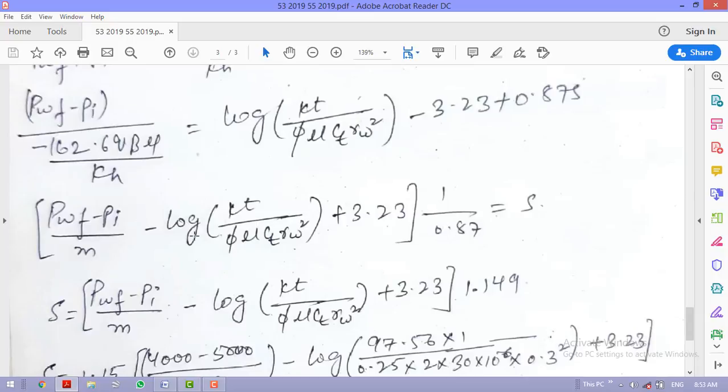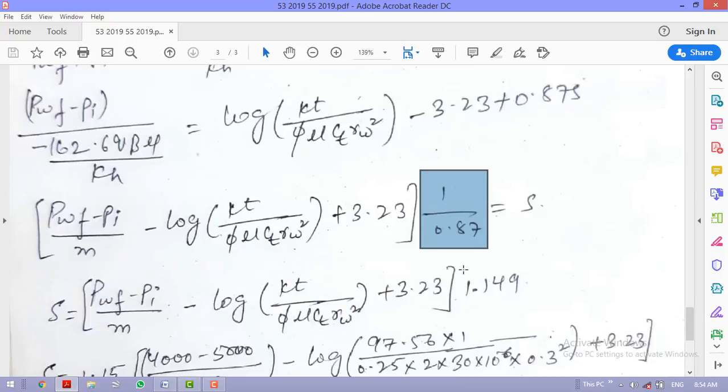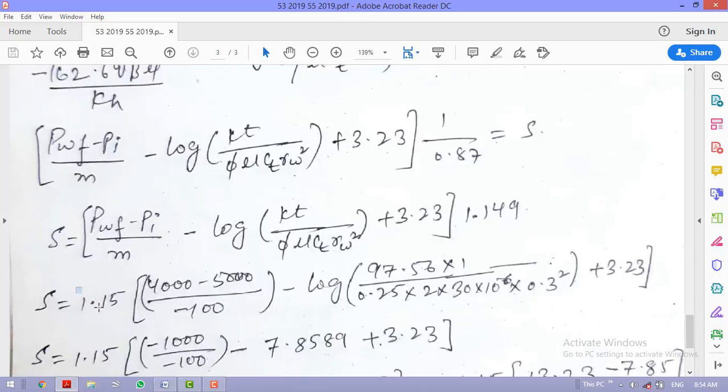After this only this term remains on the right, and 0.87 is in multiplication with S. When I took it to the left hand side, it turns into a division. So finally S equals this whole expression into 1 divided by 0.87, which is 1.149, but usually in the formula we use 1.15. So now I have a complete formula to determine skin factor.